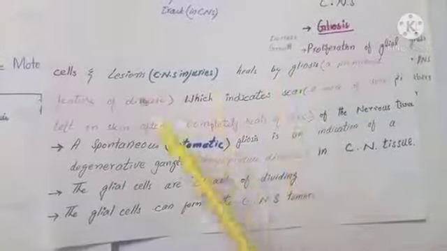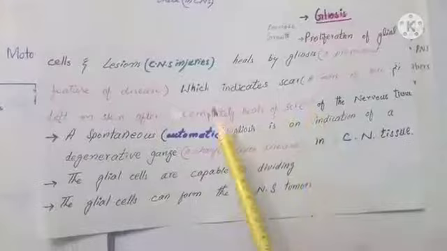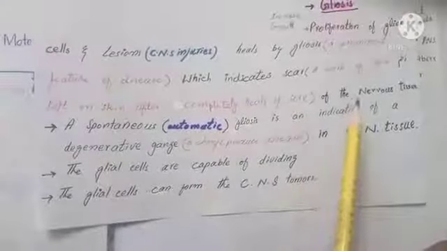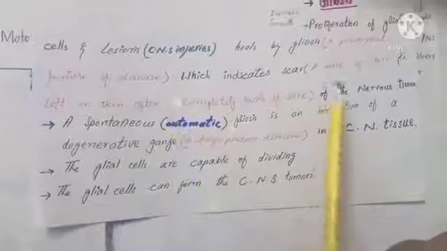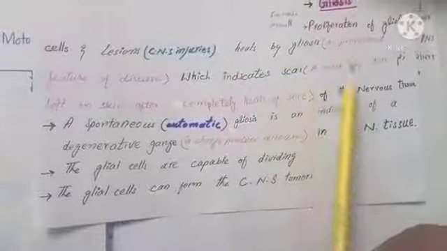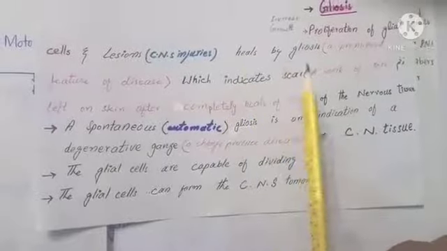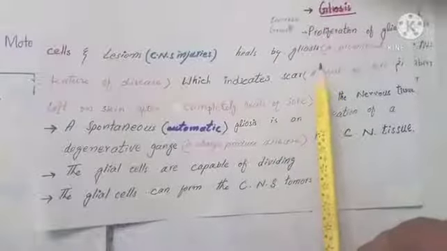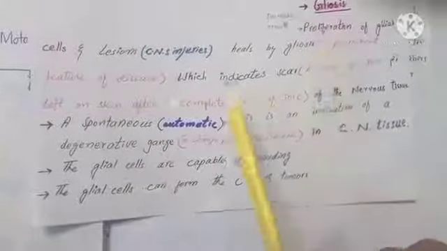These scars are seen in the nervous tissue. Scars remain on the skin after healing, so these are the healed spots of gliosis.